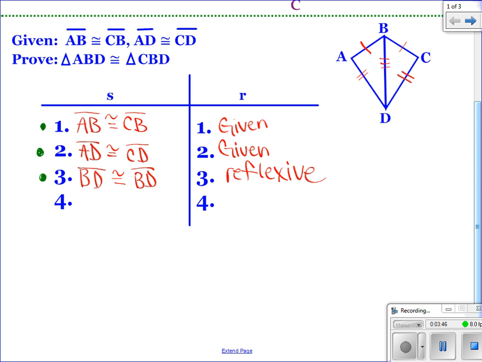What is always going to go in the last step? Whatever is right here. Okay, so we've got triangle ABD is congruent to triangle CBD. Okay, the reason, you never write proof or prove or proven or anything like that. The way we got to this is by using our shortcut side, side, side.